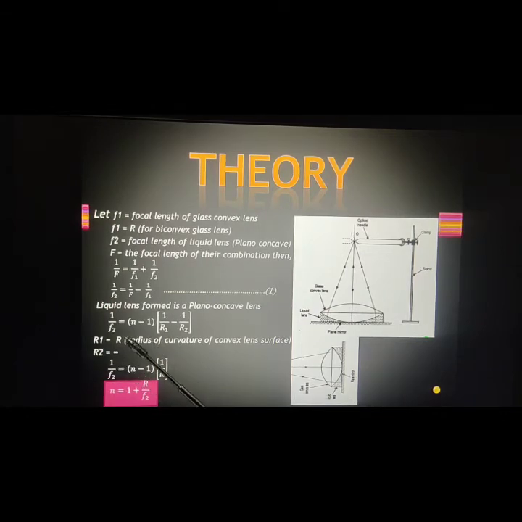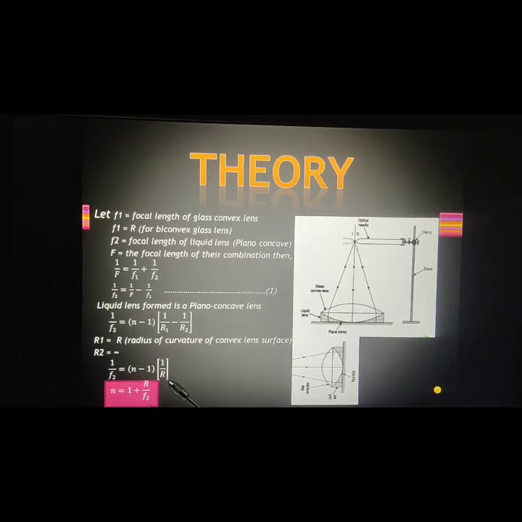So when we substitute R1 as R and R2 as infinity, then this formula comes down to this, and because 1 over infinity is equal to 0, and rearranging the terms, you get n is equal to 1 plus R by F2.